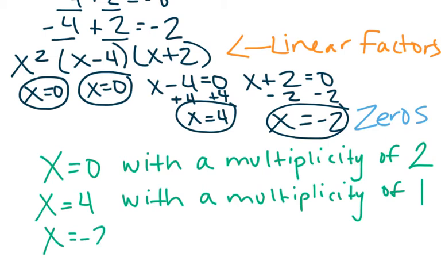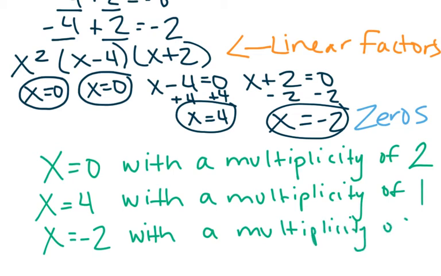X equals negative 2 with a multiplicity of 1, because it only happens once. That's all you're doing. Zeros and linear factors are from Math 1 and Math 2. The only thing new from Math 3 is stating how many times it occurs, and all you're doing is counting. You count how many times it occurs, that's called a multiplicity.